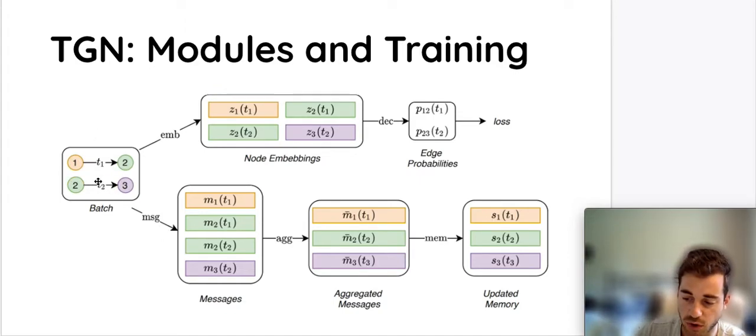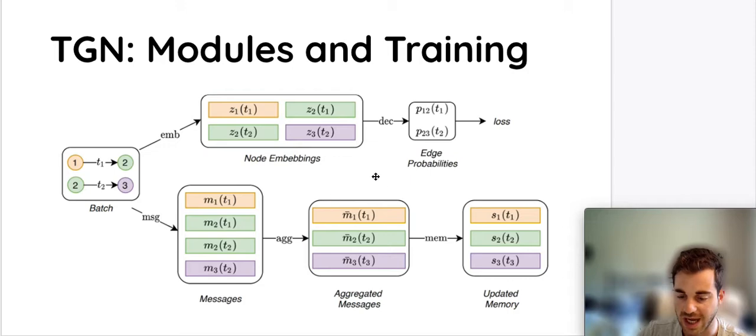On the other side, we also want to use these interactions to update our memory, the state of our nodes. To do so, each interaction generates two messages, one for the source of the interaction and one for the destination. Here these two messages are from the first interaction, and these two messages are from the second interaction. Since a node can appear multiple times in a batch, we can have multiple messages for the node, so we have an aggregator module which aggregates multiple messages from the same node.